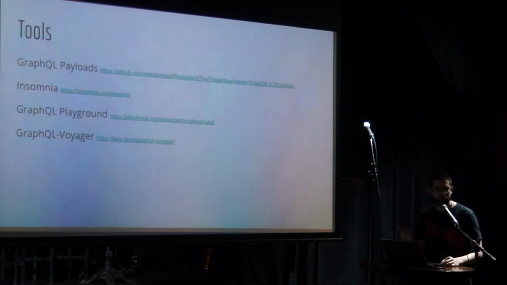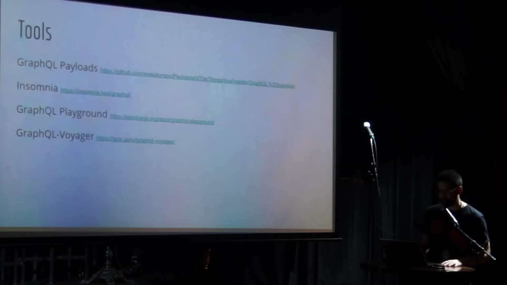That's one of the tools that we'll be using today here. And Insomnia is really similar to a Postman application, which I'm pretty sure you guys should be familiar with. We have GraphQL Playground, which is also an application really similar to Postman, just built as an IDE for GraphQL that helps you build the queries and test them. And you have one of the most important tools for exploiting things, which is GraphQL Voyager.